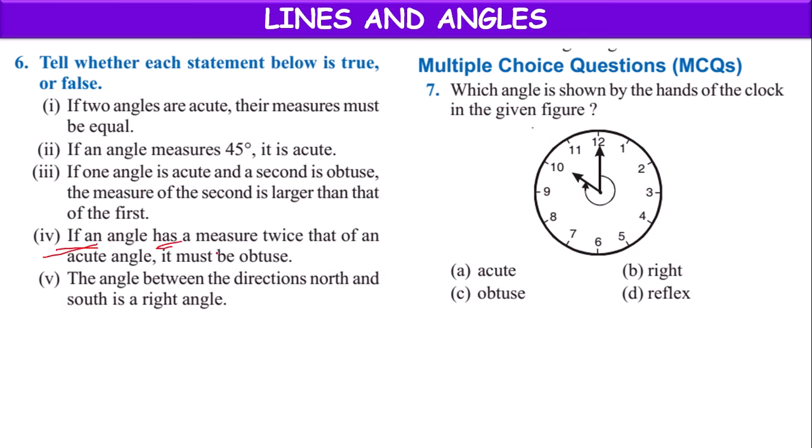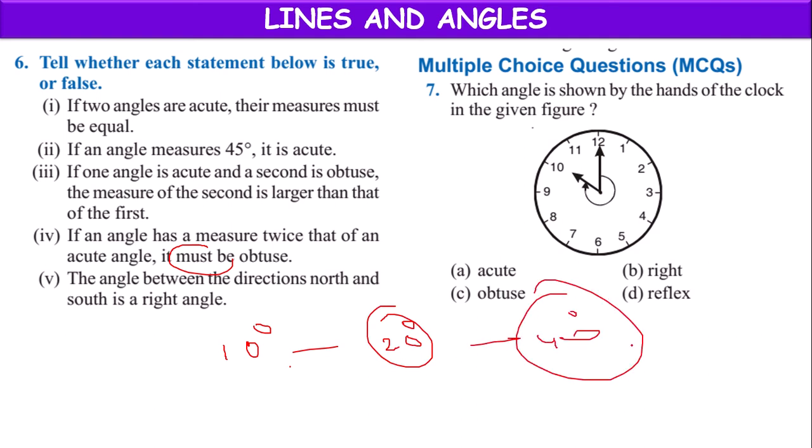Next, if an angle has a measure twice that of an acute angle, it must be obtuse. Take a 10 degrees acute angle, twice of 10 degrees is 20 degrees, not obtuse. Twice of 20 degrees is 40 degrees, not obtuse. Twice of 40 degrees is 80 degrees, not obtuse.